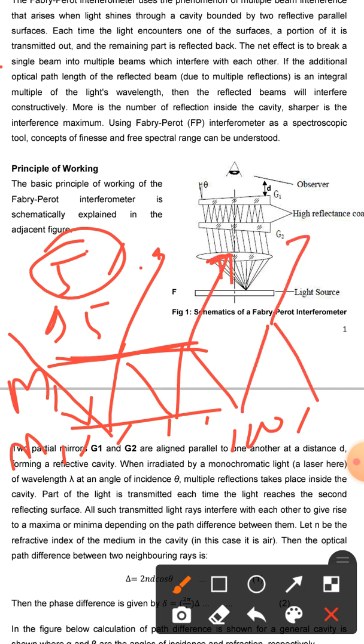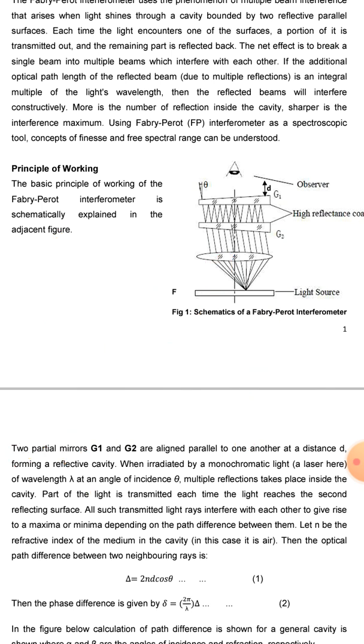So these are the parallel light beams which come out from the two parallel mirrors, and they interfere with each other according to their wavelengths and path difference, and give the interference results. So here it is explained.